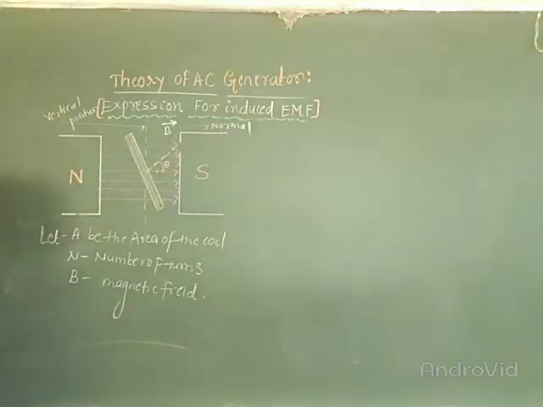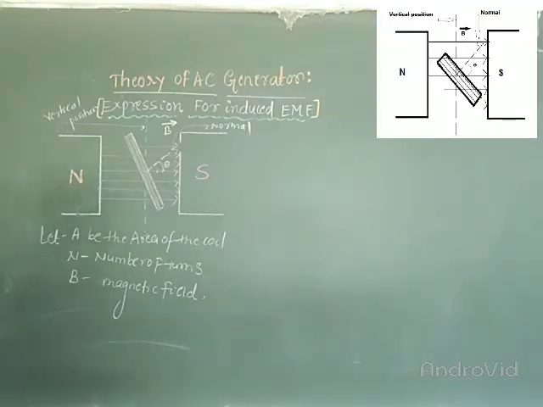B is the magnetic field, and theta is the angle between A and B. That means theta is the angle between the normal to the area of the coil and the magnetic field.